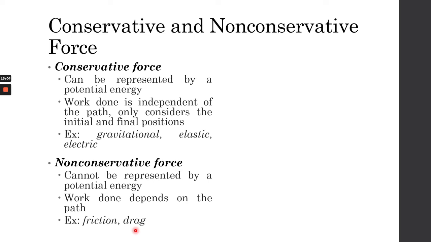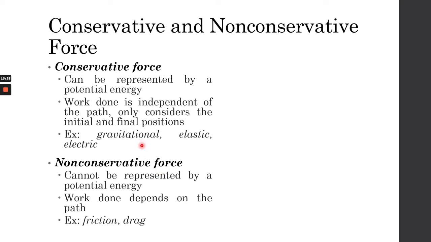The reason for that, if you think about it, gravitation changes depending on the height of the object. We've discussed this a long time ago, but we always use the gravitational acceleration as 9.8. That is actually just an average. In reality, the gravitational force changes depending on the height of the object.